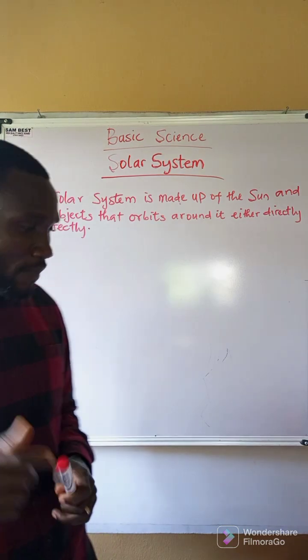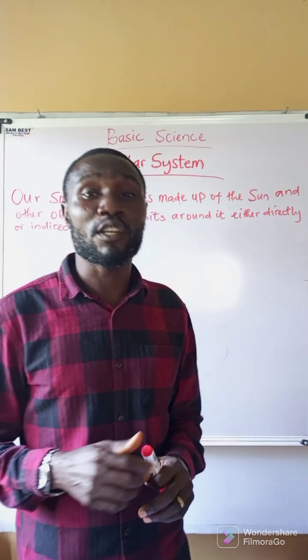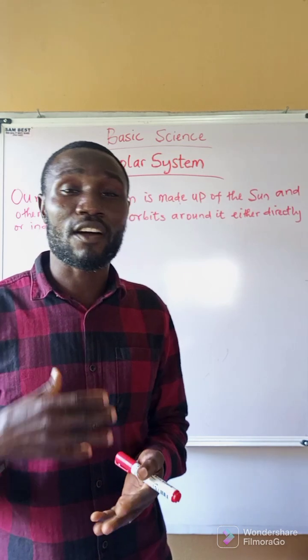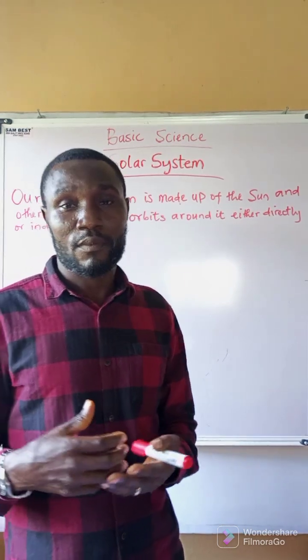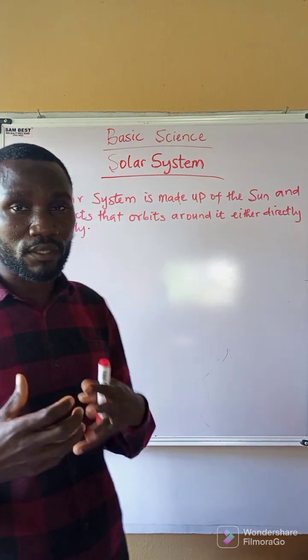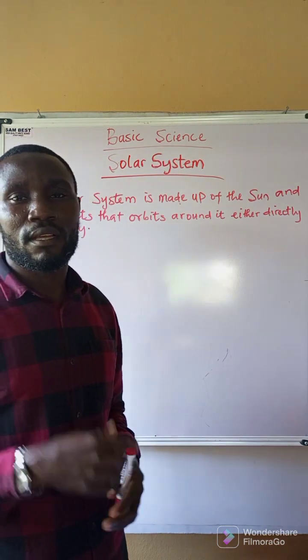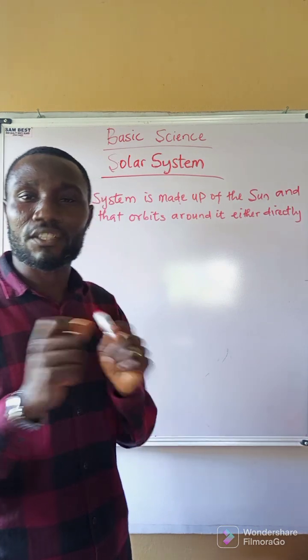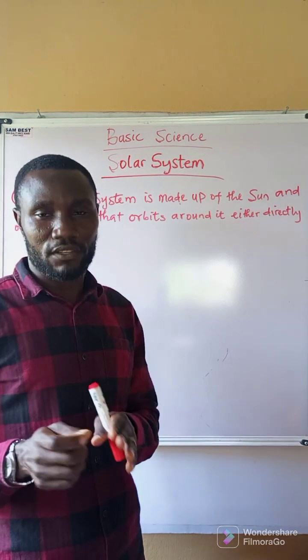What did I say? Our solar system is made up of the sun. The sun is the center of our solar system. So it's made up of the sun and other objects that orbit around it, either directly or indirectly.